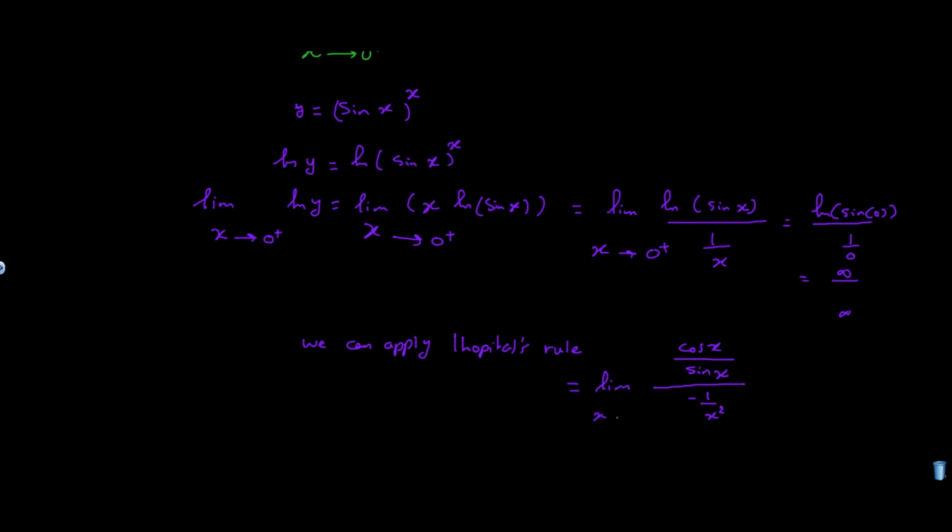As x approaches 0 from the right, this is cot x over negative x to the power of negative 2. If we substitute x by 0, this is cosine 0 over 0, which is again infinity over infinity.